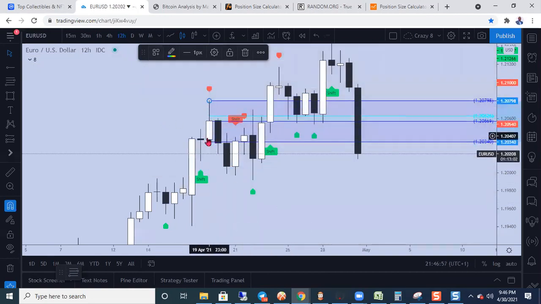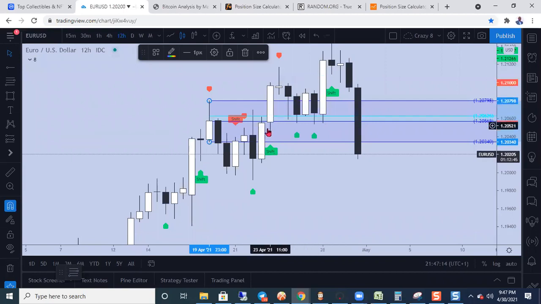Right, so let's see. So this was the bearish candle responsible. Price came, tapped, and then when price broke above this bearish candle, we became buyers.